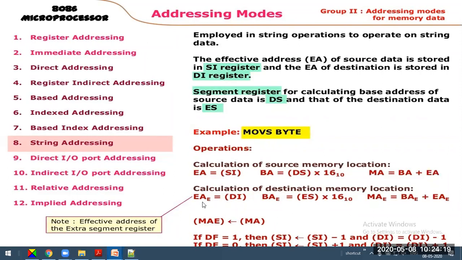For the destination, the effective address is the destination index register, and the base address is the extra segment register appended with 0 to form a 20-bit address. The total physical address, or absolute address, is the sum of the 20-bit base address, after appending 0, and the effective address. Together it forms a physical address, and from this location the data is transferred into the destination in memory.